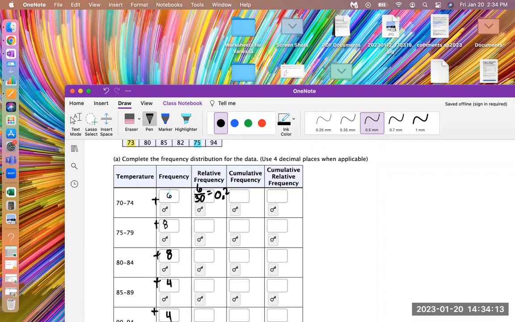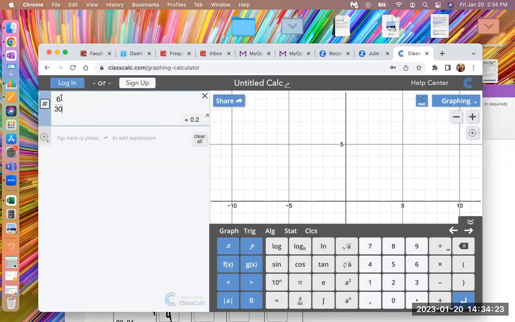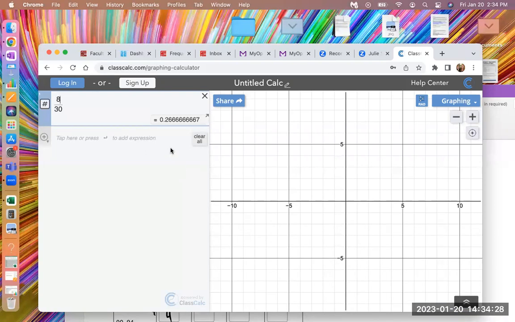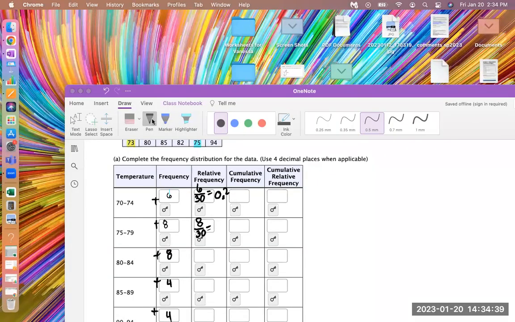Okay, then this one is going to be the frequency for that row, 8/30. 8 divided by 30, and they said accurate to 4 decimal places, so 0.2667. And then this one's going to be the same number because it's still 8/30.